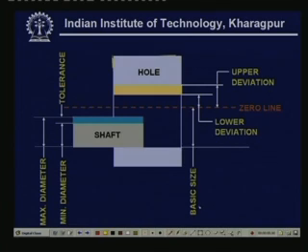The shaft is a solid object which goes inside the hole, and this hole is also machined and the shaft is also machined. In one word I am using the word machining; at this moment machining implies manufacturing.